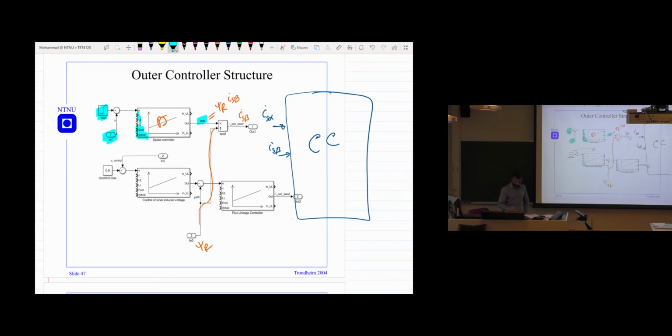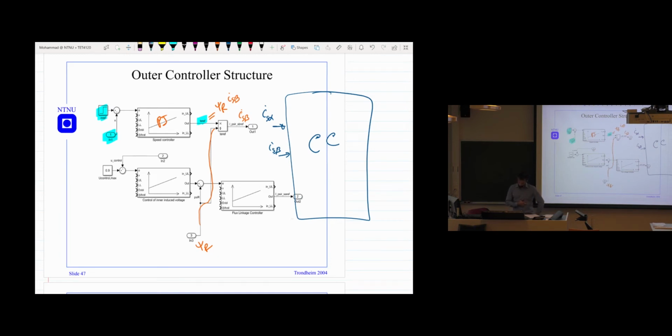Now we can use the PI controller to control the speed and provide the torque reference. When you divide the torque reference by the rotor flux, that gives us the beta component of the current.